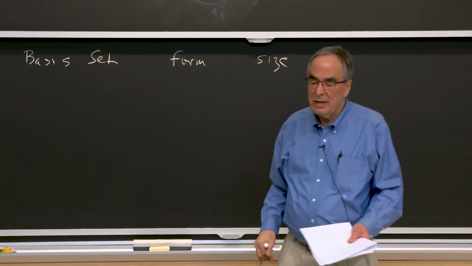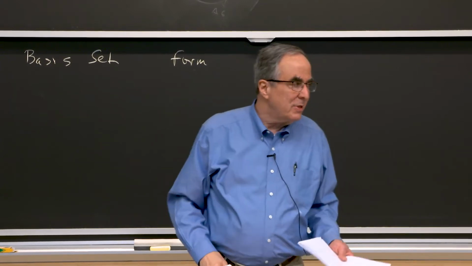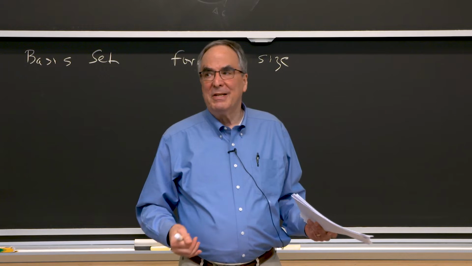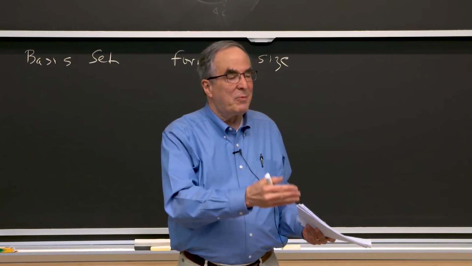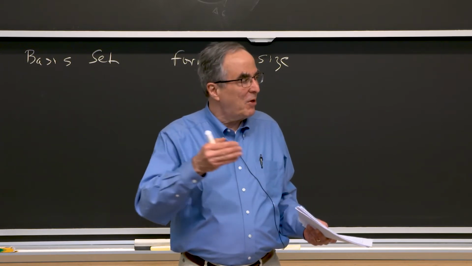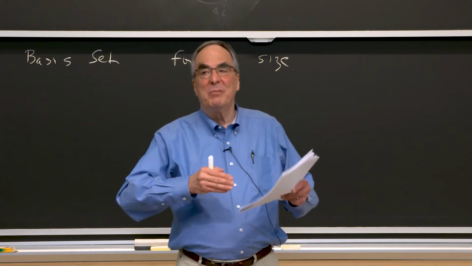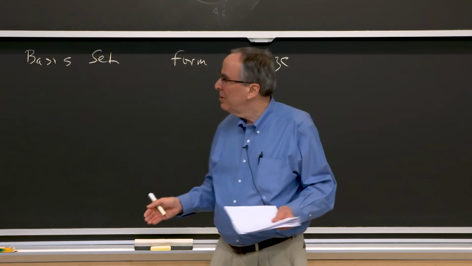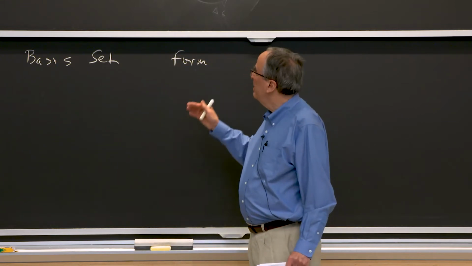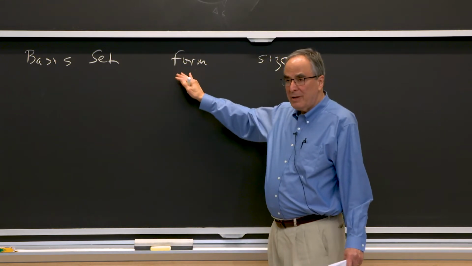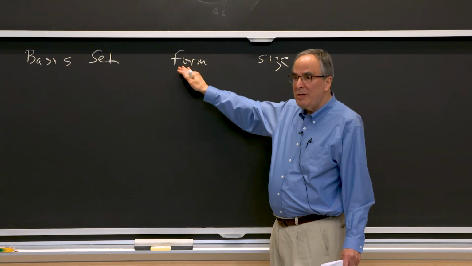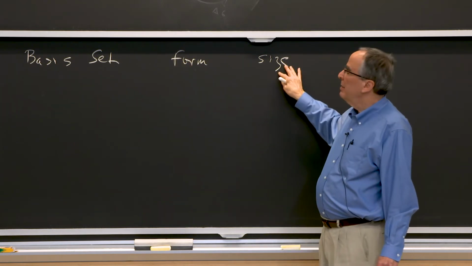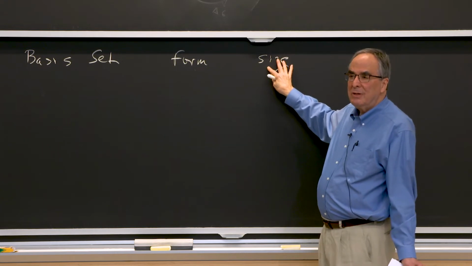Well, we've got 2 atoms, and so you sort of need one orbital on one atom and one orbital on another to even begin to capture the molecularness of the problem. So we've chosen the simplest possible form, but not necessarily the most convenient form. And the size is 2.